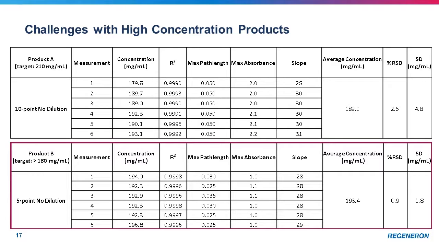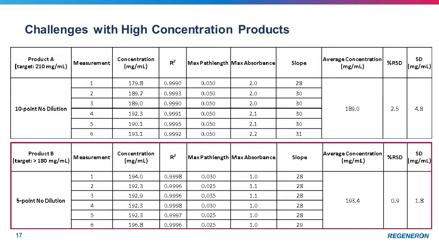The bottom chart, on the other hand, displays 6 measurements of a product with a target concentration greater than 180 mg per mil. These measurements use only 5 path length measurements on the instrument. It can be noted here that the instrument limits the maximum path length it uses as compared to the 10-point method above, so that maximum absorbance is kept within the target range of 1 absorbance unit.